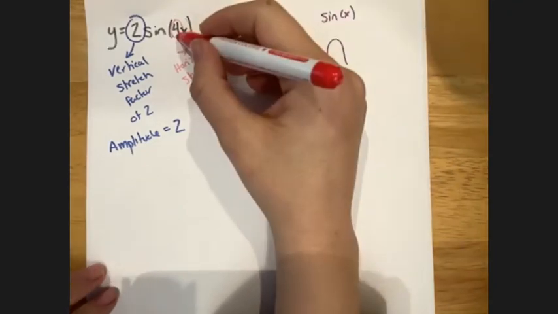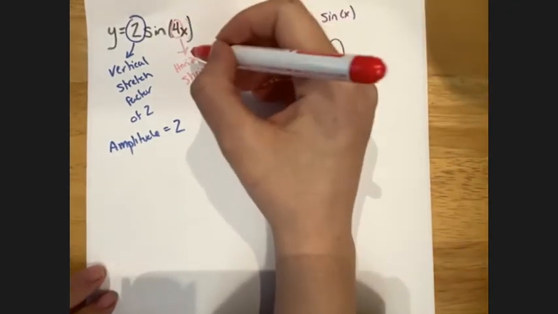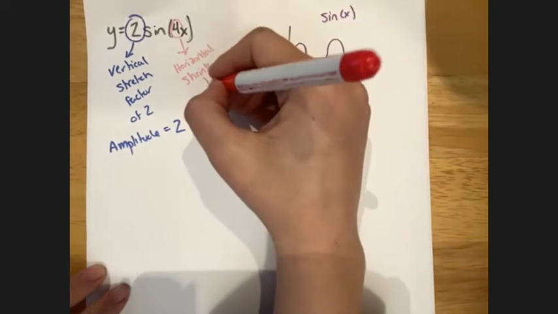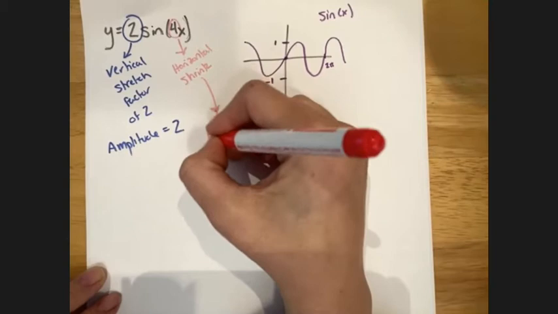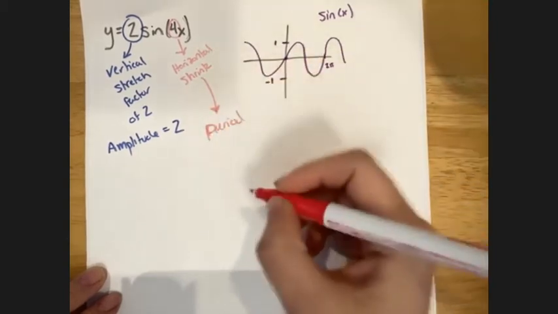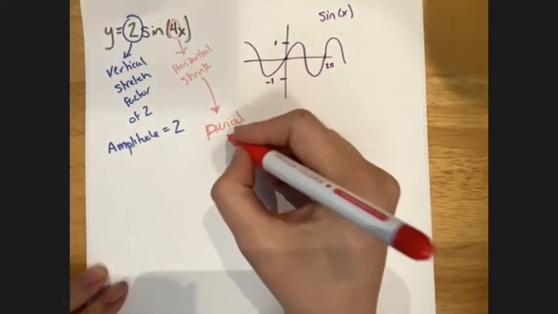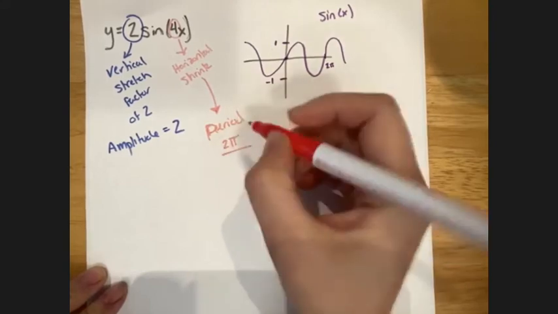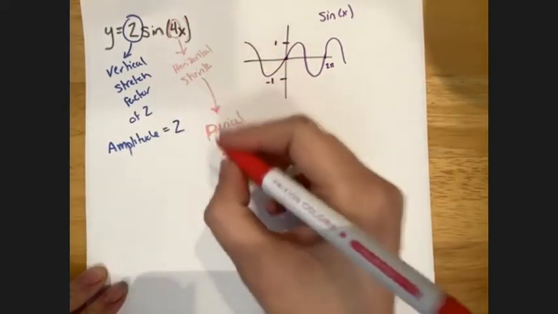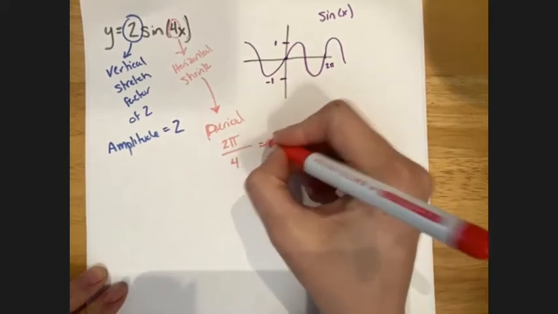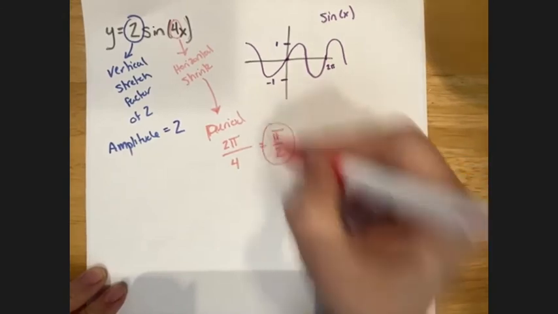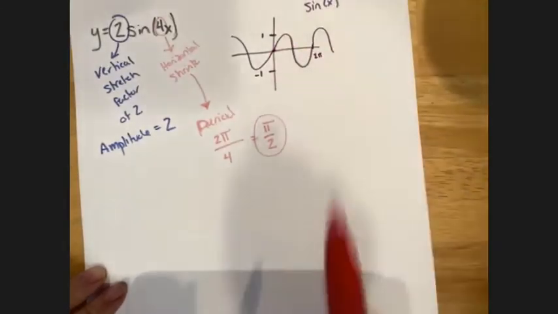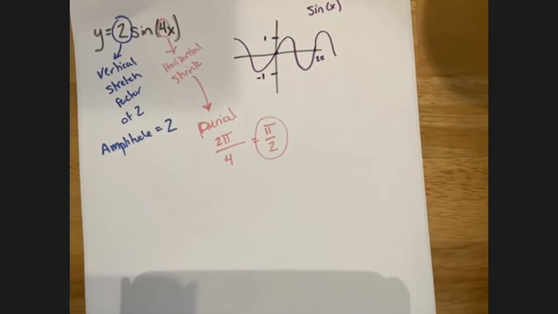It tells me that there's going to be 4 waves in our normal 2 pi period. And this is going to let us get our period. Okay, so remember, to get the period, we take the original period of the sine function, which was 2 pi, and we divide by that multiplicative factor there. So 2 pi divided by 4 is equal to pi over 2. So our new period is going to be pi over 2. That means our sine graph is going to repeat every pi over 2 units.